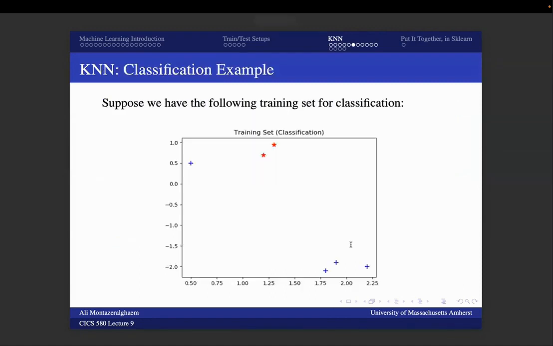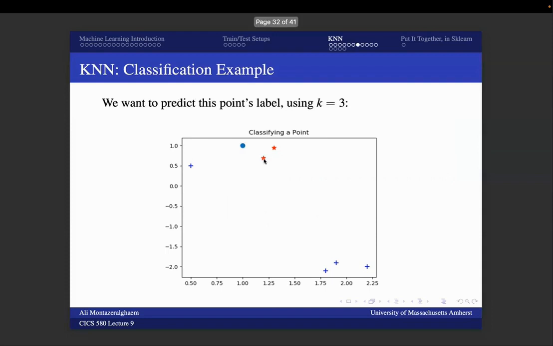So I showed this before for the classification task, but for example, here we have two classes. One is plus, and the other one is star, and these are training data for the classification. Consider that we get the new data point, and we want to know what the label of this new data is.